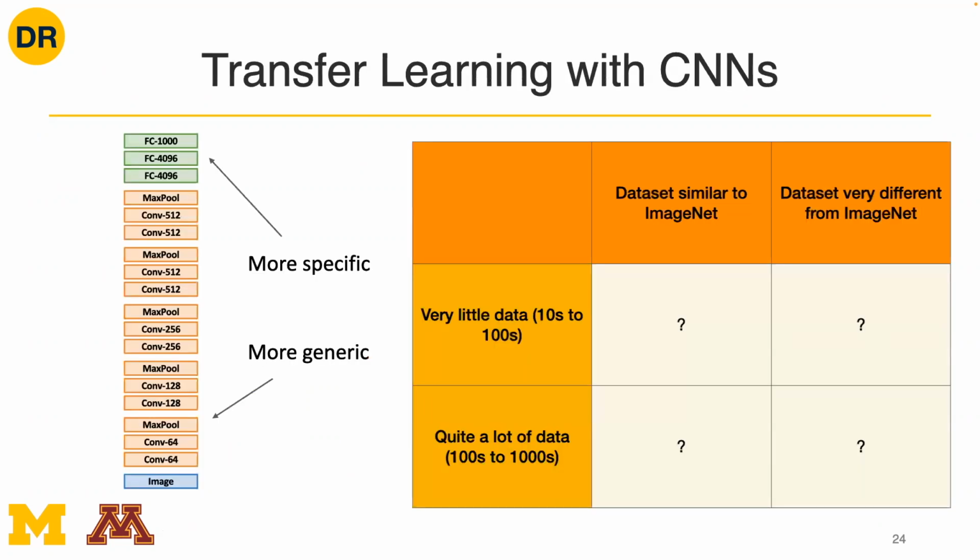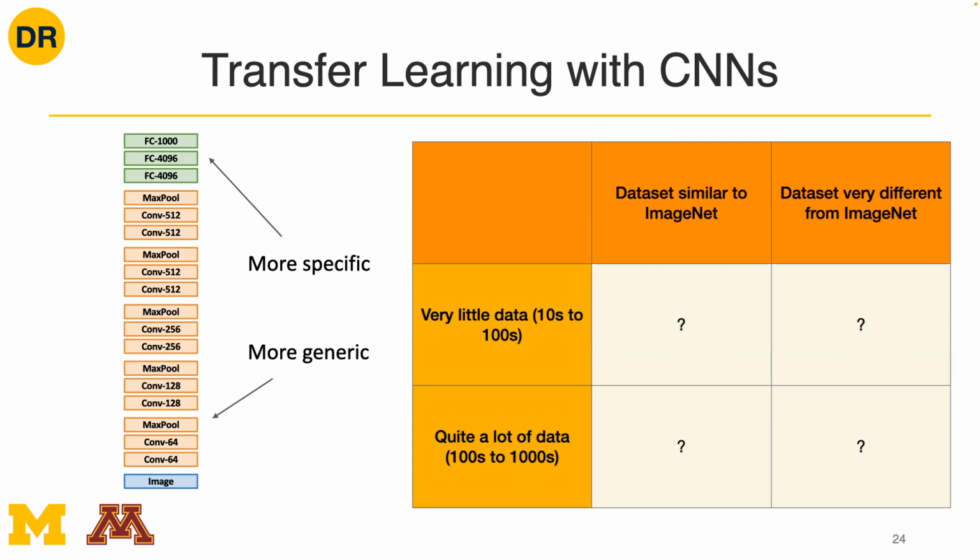Okay, so what are the things to consider for transfer learning in convolutional neural networks? One nice way to look at it is how similar your data is with respect to ImageNet, the data that the network is trained upon, and what data you have for this new task or new dataset that you want to work on.